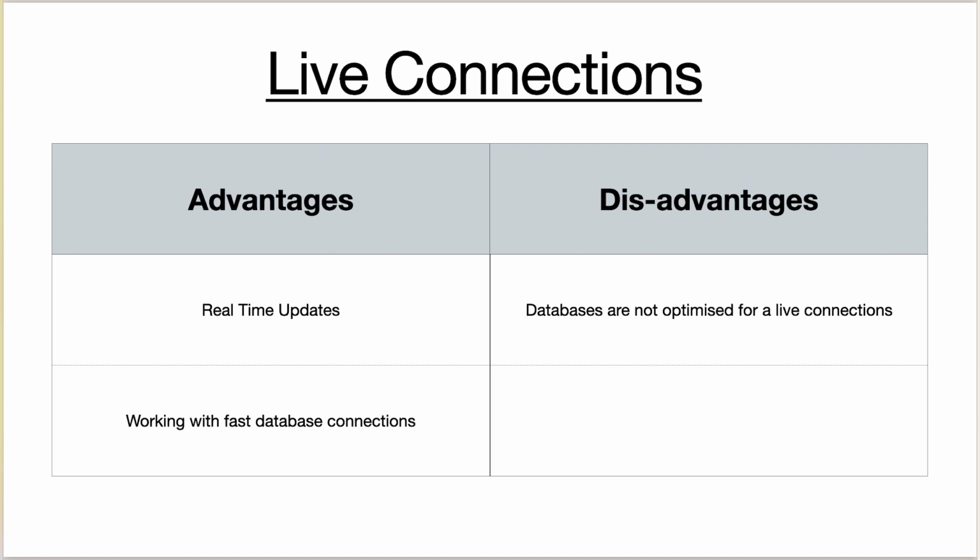Only in that case will we go for live connection. But as I said, only with fast database connections can we go for it. That means some databases are not optimized for live connection. There can be a huge amount of data in that database, so in that case, going for live connection may not be a good choice.